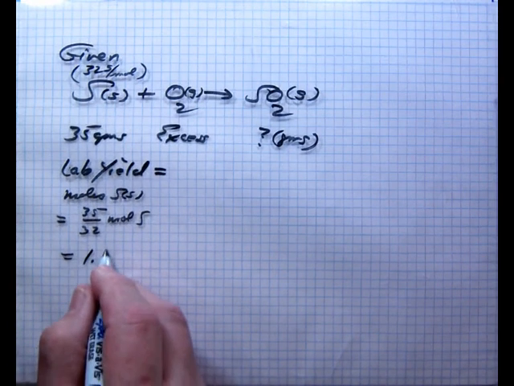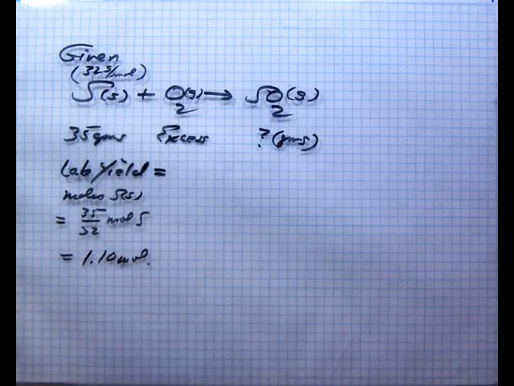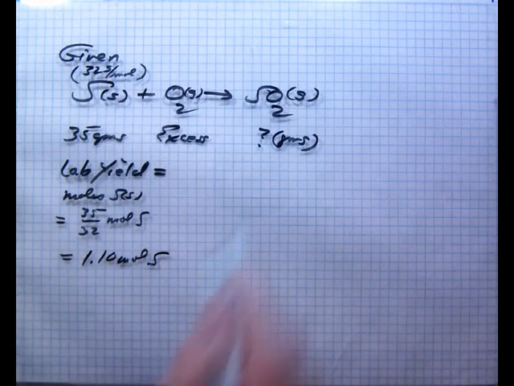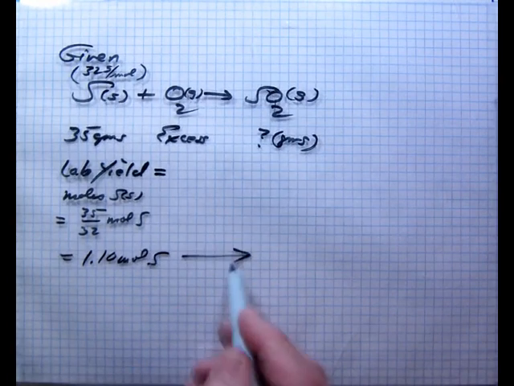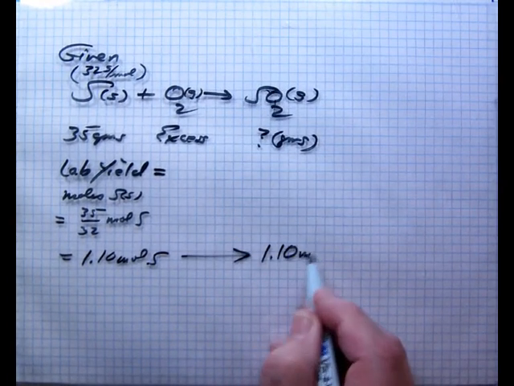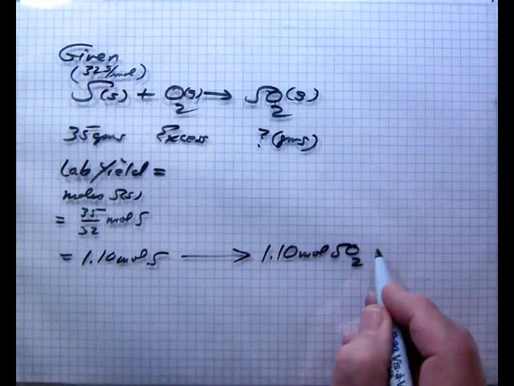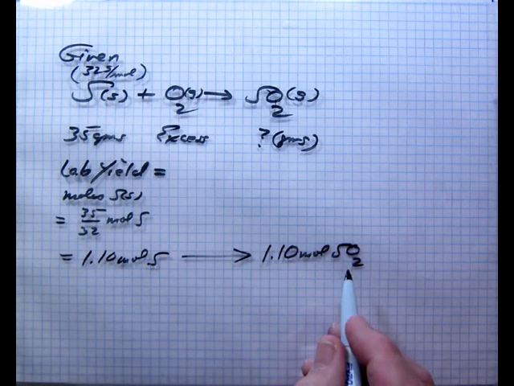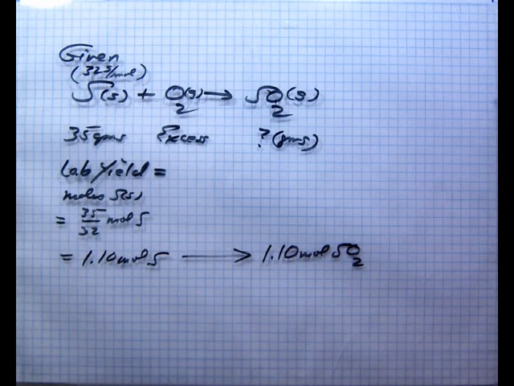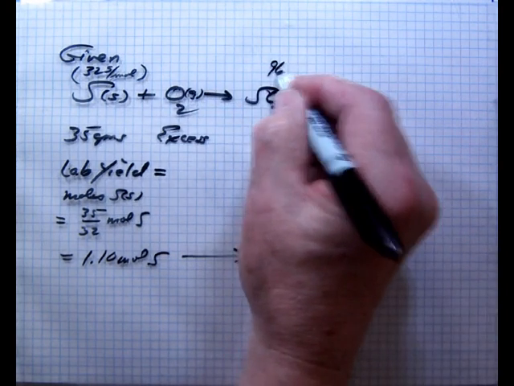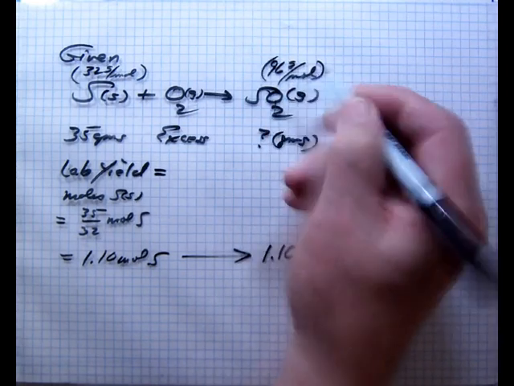1.1 mole of sulfur. Well, it's a 1-to-1 reaction ratio, so this is going to be 1.10 mole of SO2 and 32.3. I have 96. This is 96 grams per mole right there.